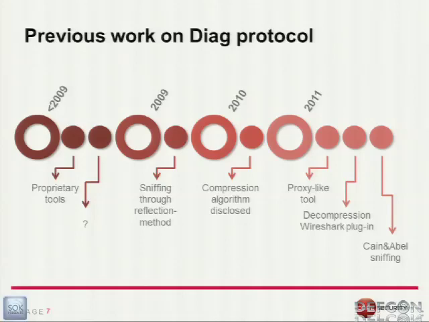The main one and the most interesting is a proxy-like tool that was released by Zenpost, and it's a hub application that you can run to proxy communications between a GUI and the application server. Additionally, the compression plugin for Wireshark was also released, and some sniffing capabilities were added to Cain and Abel to get credentials as well.